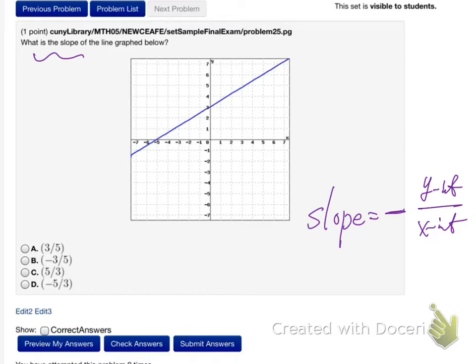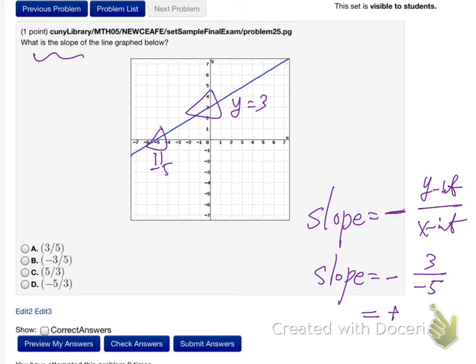If you can find the x and y intercepts, you can find the slope of the line. For this example, the y-intercept is 3 and the x-intercept is -5. So the slope is negative 3 over -5, which is positive 3 over 5.